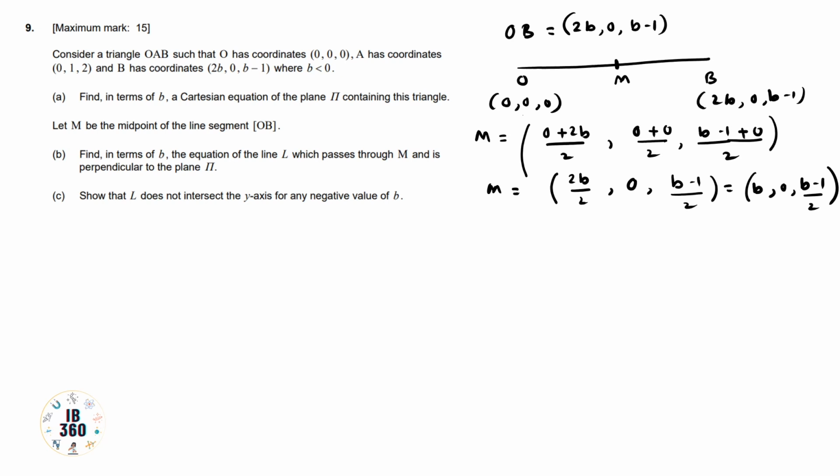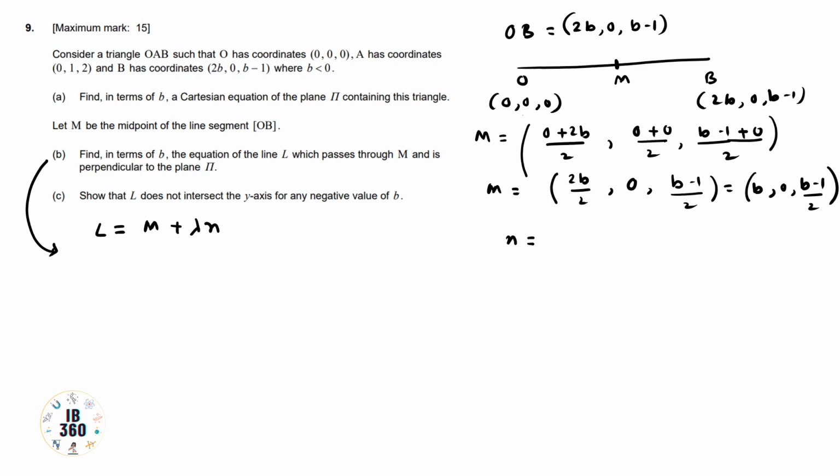Now find in terms of b the equation of the line L which is passing through M and is perpendicular to the plane. In the previous slide you have the normal to the plane. Let the line be L, so it is basically M, the midpoint, plus lambda n, where n is the normal.